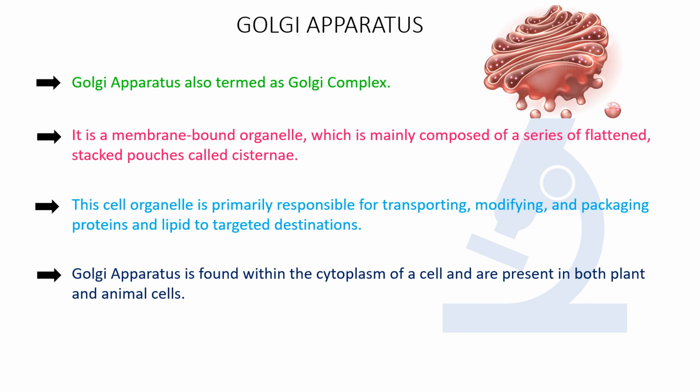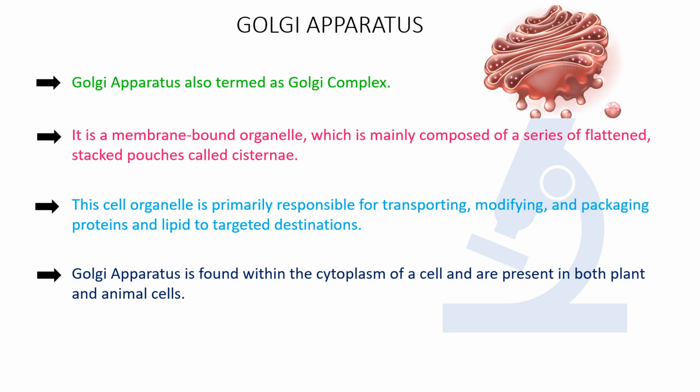Golgi apparatus. It is also known as Golgi complex or Golgi body. It is a membrane-bound organelle mainly composed of flattened stacked pouches called cisternae. This organelle is primarily responsible for transporting and packaging proteins and lipids to targeted destinations.